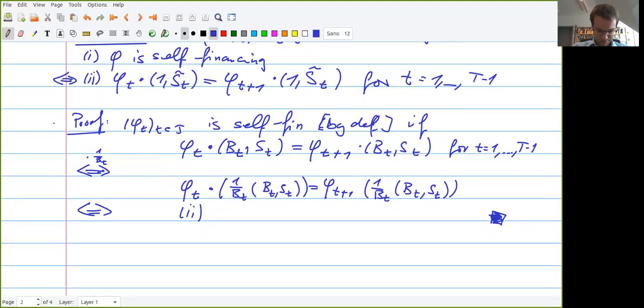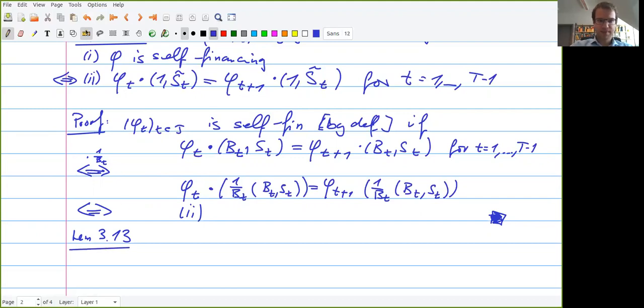The same is true for the notion of arbitrage or no arbitrage. And this is just formulated in the next lemma.